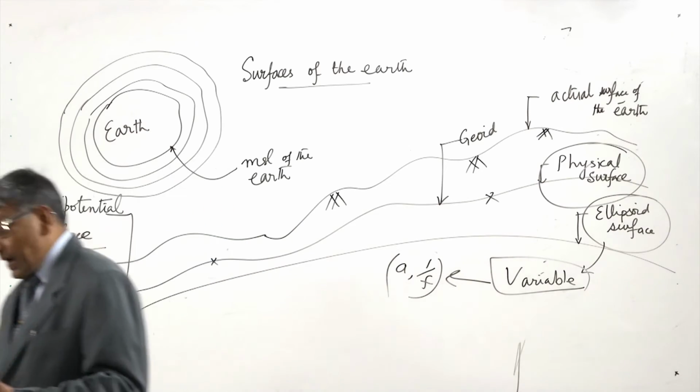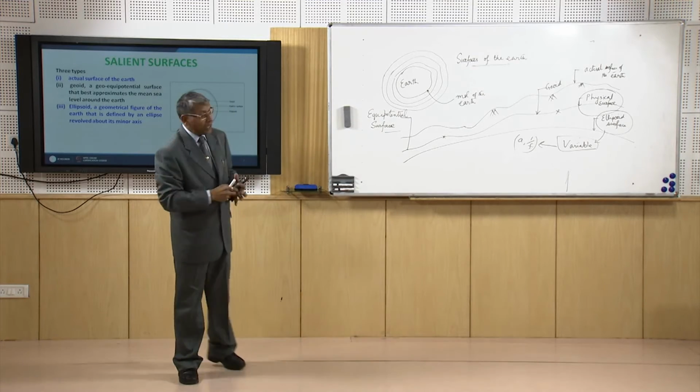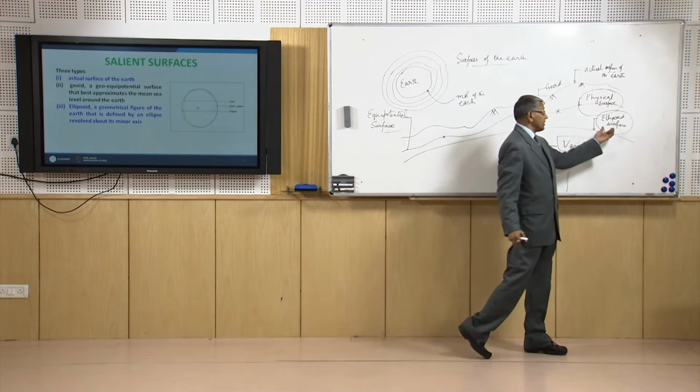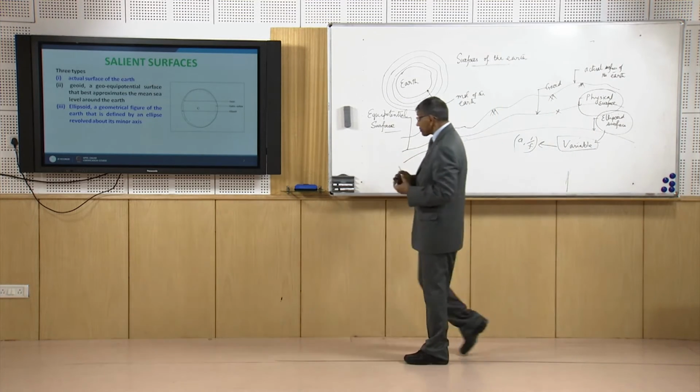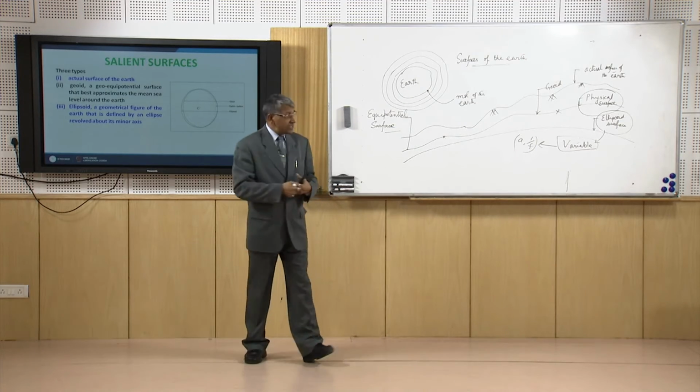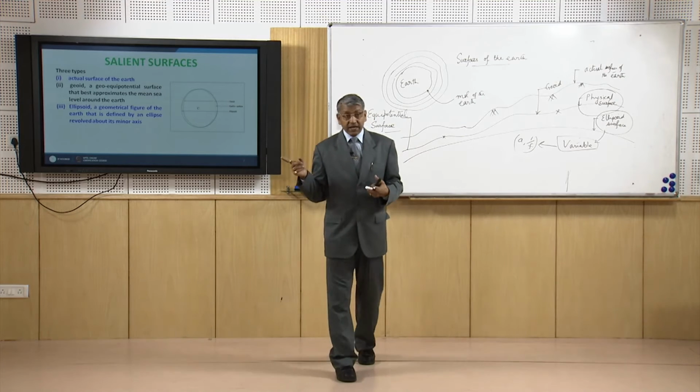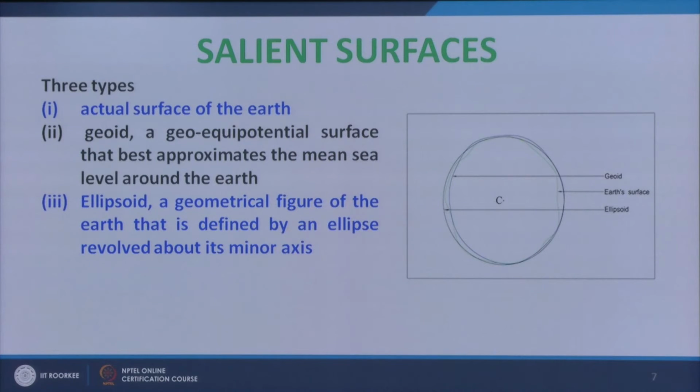Depending upon our requirement, we can vary the value of A and f and take different ellipsoid surfaces. For the WGS 84 ellipsoid, I had already shown you the values taken for A and f, and with those values the WGS 84 has been decided.